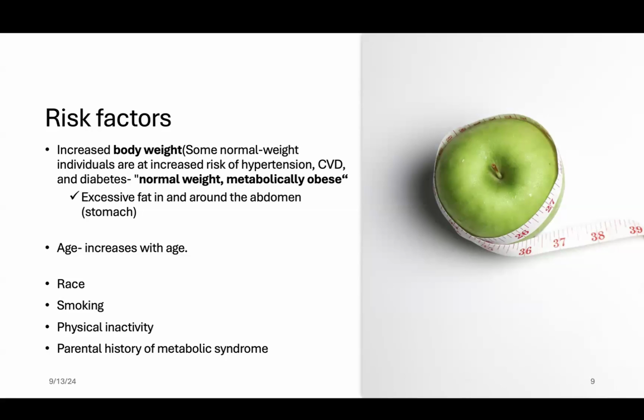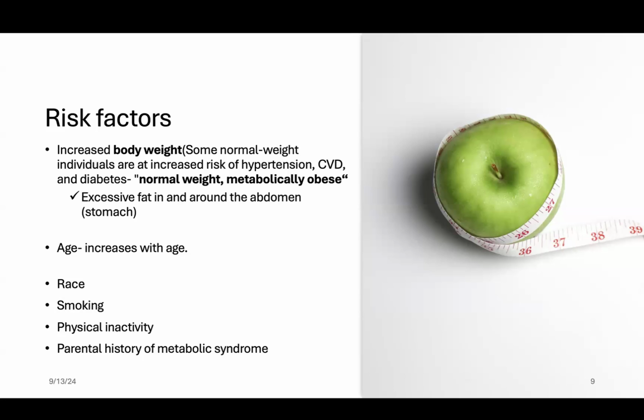So there's people we call apple body. So there's central obesity at the abdominal region, fat around the abdomen. It's a risk factor. Age is also a major factor. Remember when we looked at the data set, we said it was increasing with age. Race is also a factor.